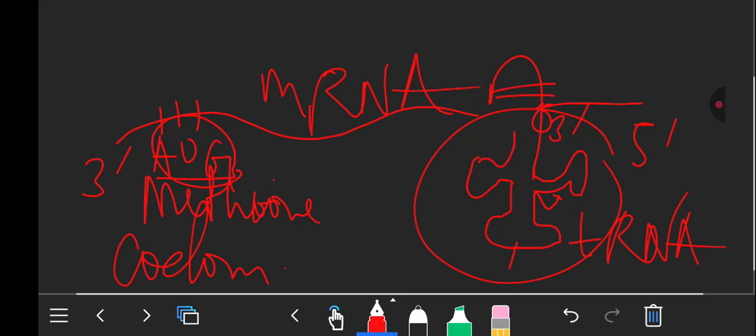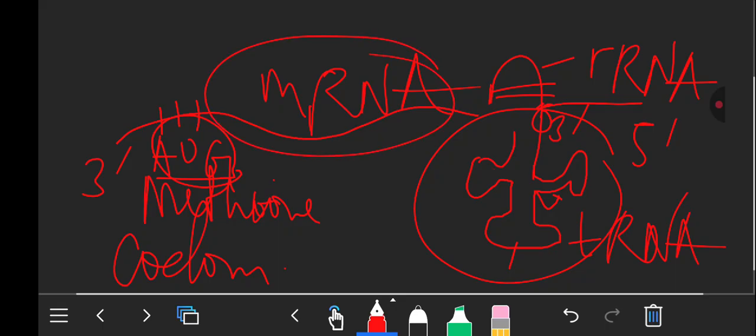So we've said that this tRNA has a lot of arms. Then this is the rRNA, the ribosomal RNA. So one thing you need to understand is that the codon is only found in the mRNA.